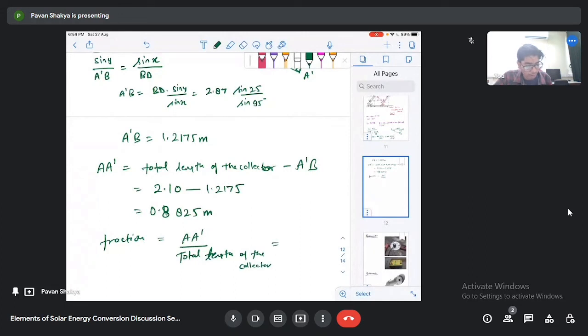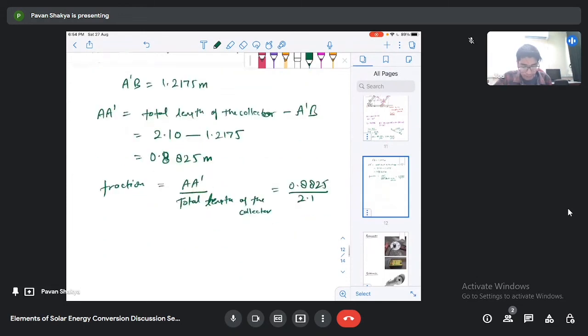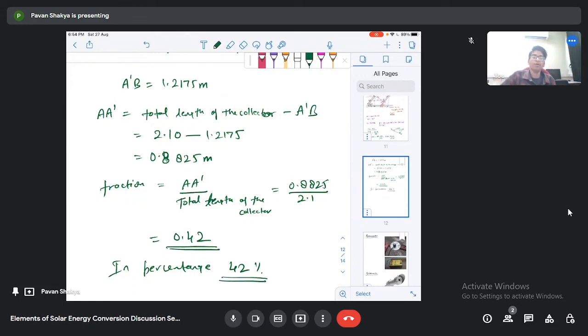When you put these values, divided by 2.1, you will find that it comes out to be 0.42, or in percentage you can say that 42% of this panel is shaded for the given profile angle.